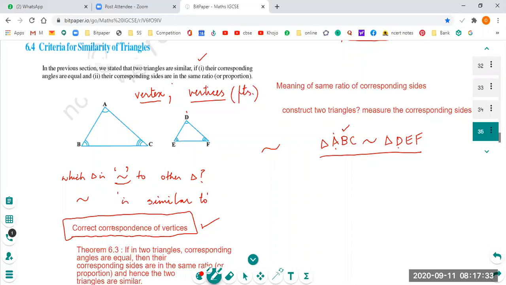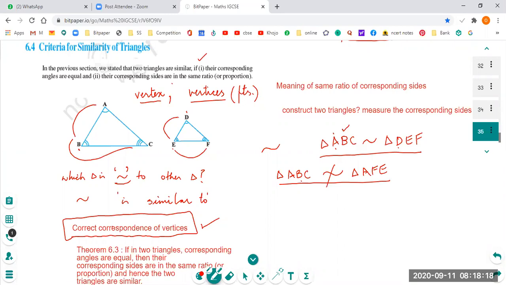It only means that if after A there is B and after B there is C, here also after D it should be E, not F, and after E there should be F. Students, it's worthwhile to note that triangle ABC and triangle AFE, where instead of taking E as B's corresponding angle I take F, these triangles are not similar.